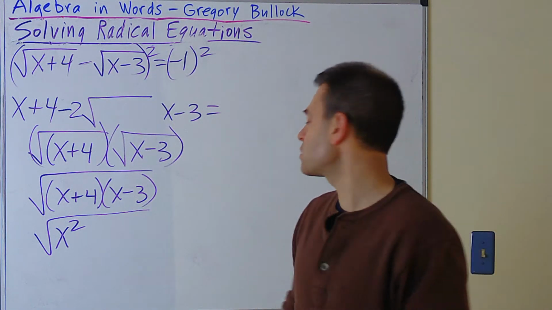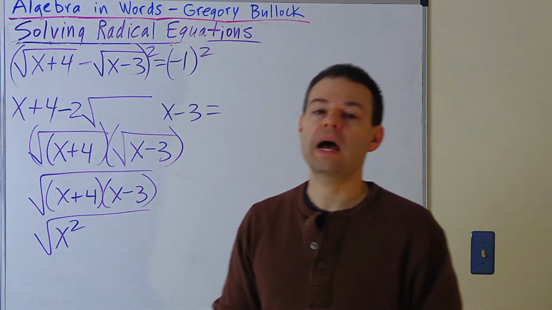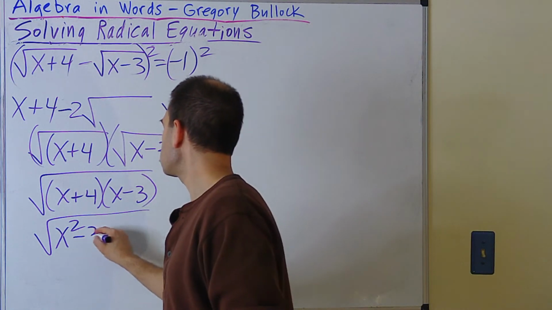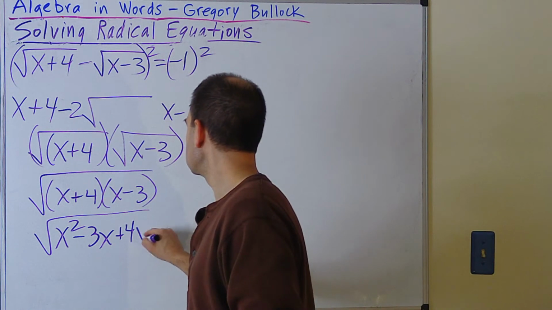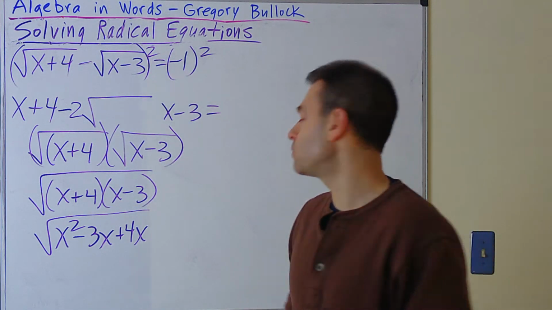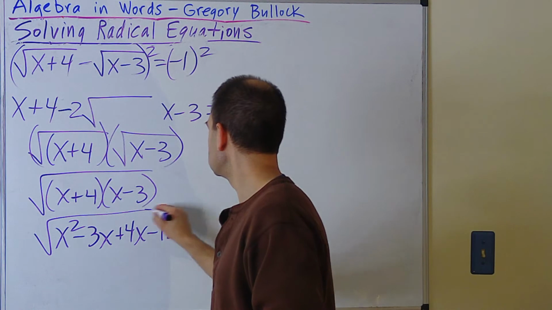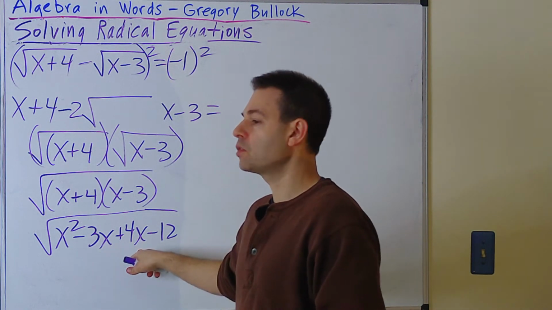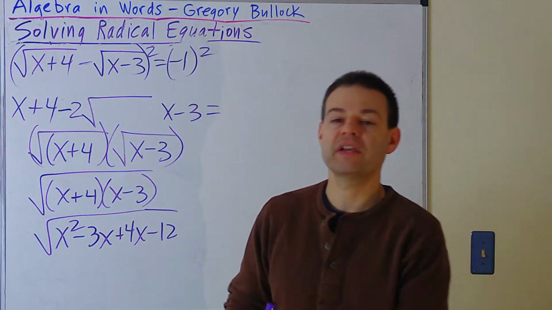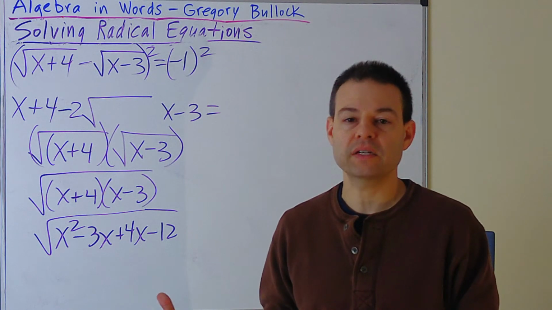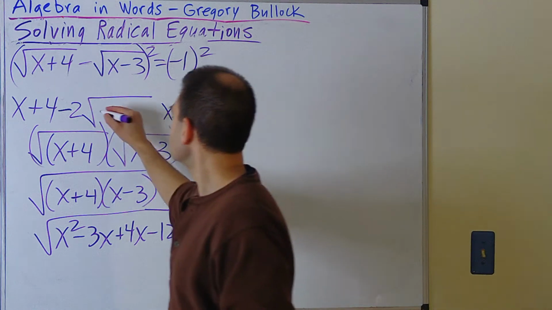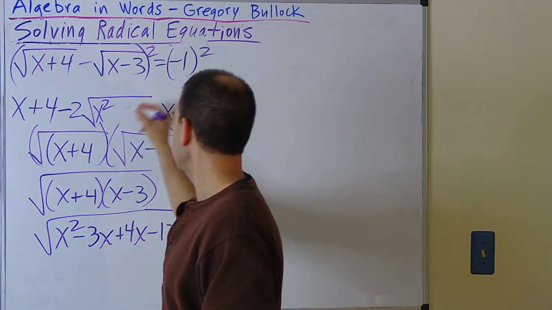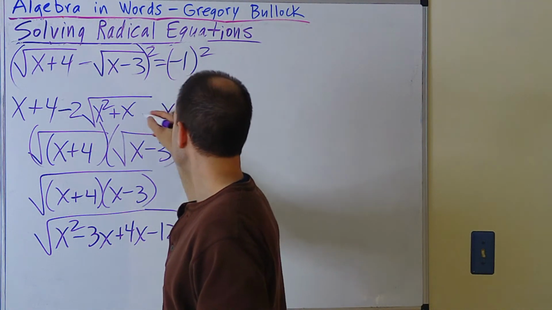Product of the first is x squared. Product of the outer is negative 3x. Product of the inner is 4x. And product of the last is negative 12. So when we combine like terms, the middle terms negative 3x plus 4x make positive 1x, we'll write that in here: x squared plus x minus 12.